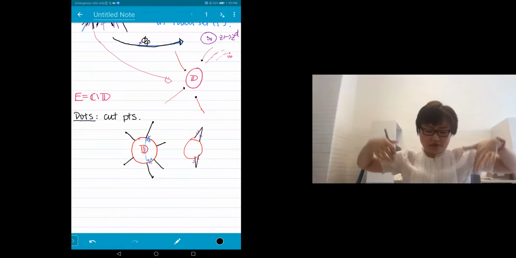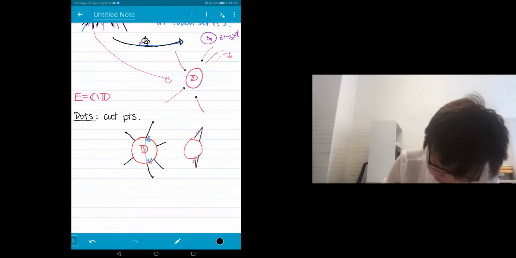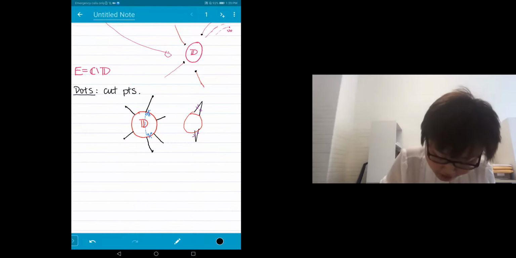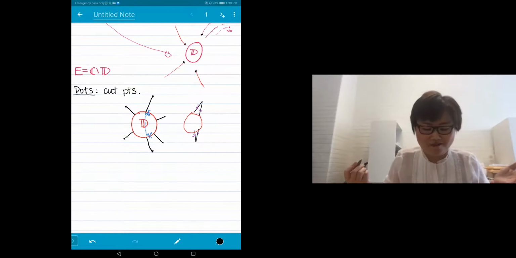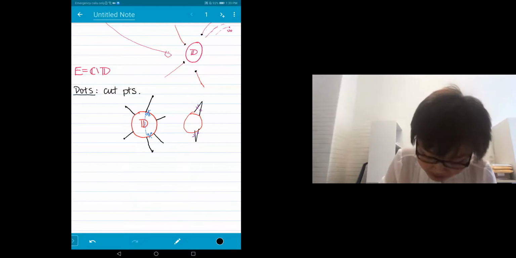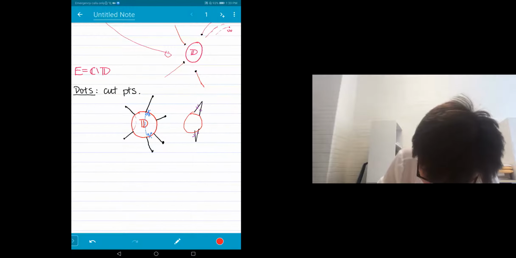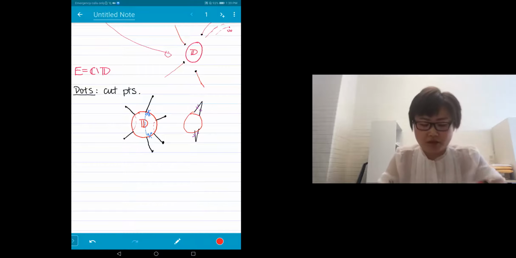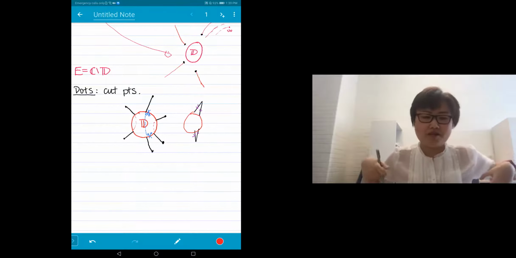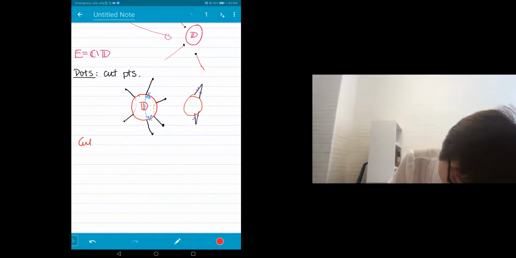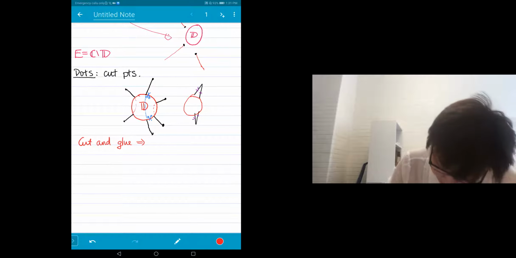And you keep doing this. This is how it looks in degree 2. So every point has 2 pre-images, and this guy is glued to here. It means you cut along these 2 guys and glue them together. So this cut and glue will give you a Riemann surface.